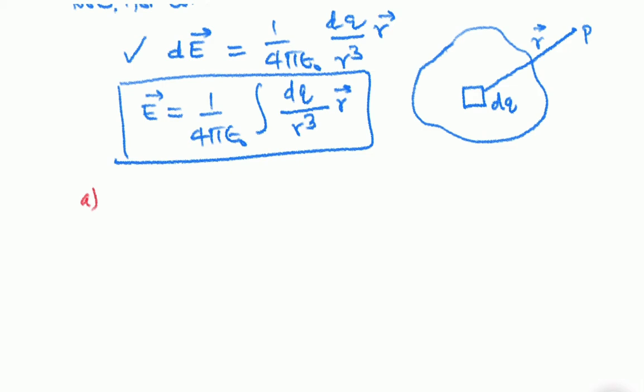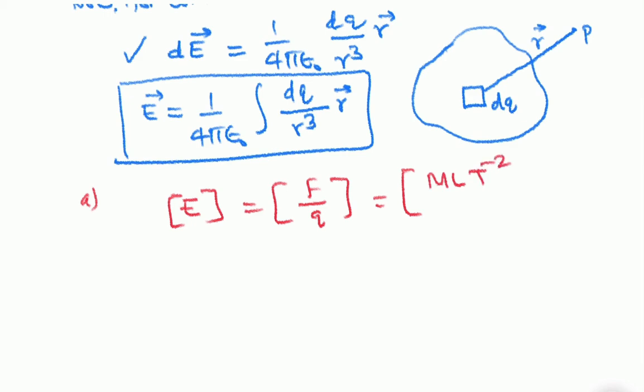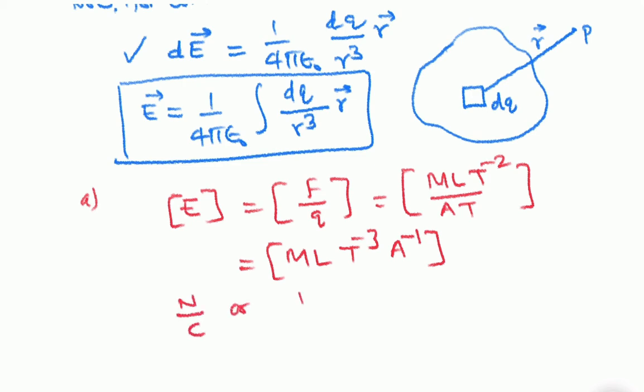First, the dimension in SI unit will be given by M L T to the power minus 3 A to the power minus 1, and the unit in SI system will be newton per coulomb, or newton into meter by coulomb into meter, which is equal to joule per coulomb meter, and joule per coulomb is equal to volt, so divided by meter.